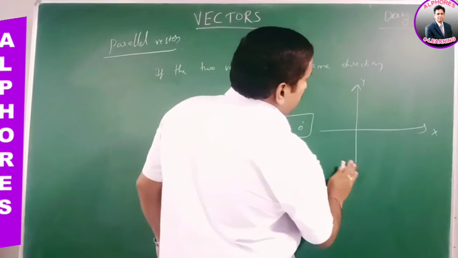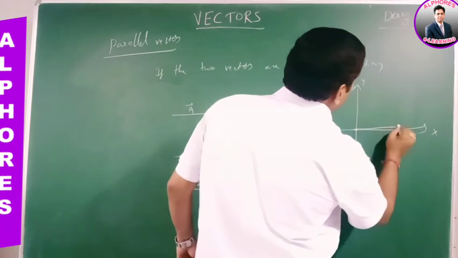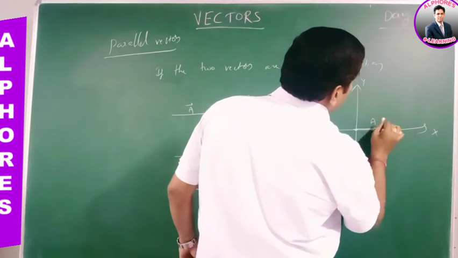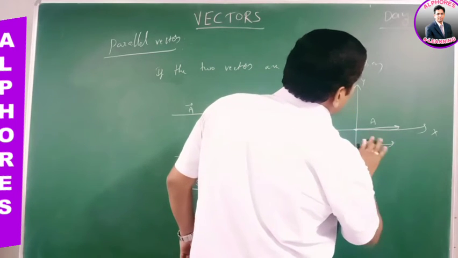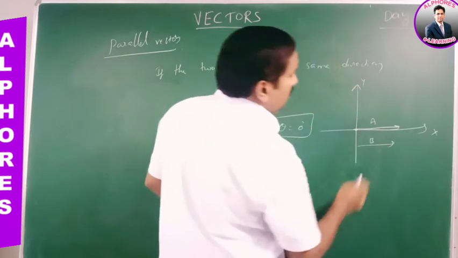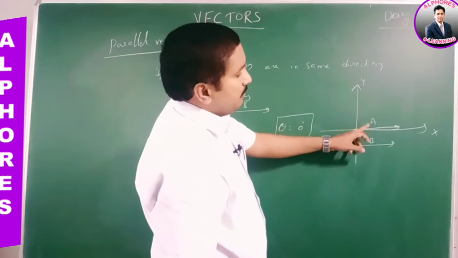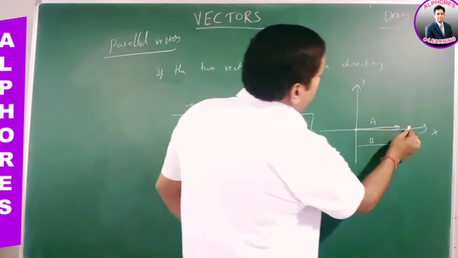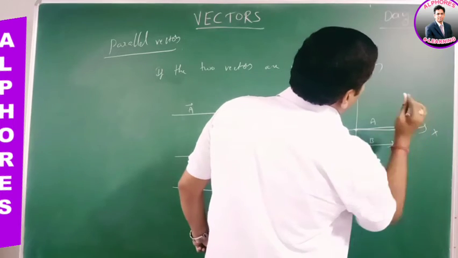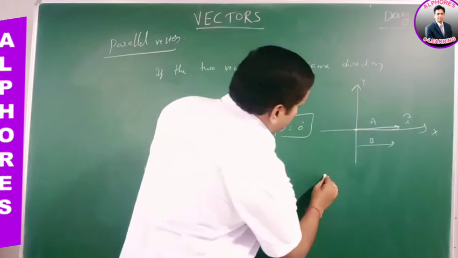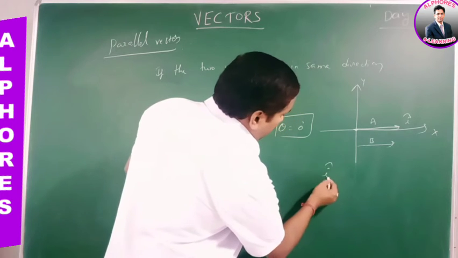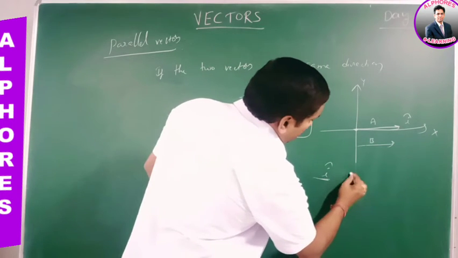Suppose one person A is moving along the positive x direction, and some other person B is also moving in this direction only. Then what are the unit vectors along the motion of A bar and B bar? The unit vector along the x axis is I cap. So for parallel vectors, A bar has a unit vector I cap, and B also has unit vector I cap.